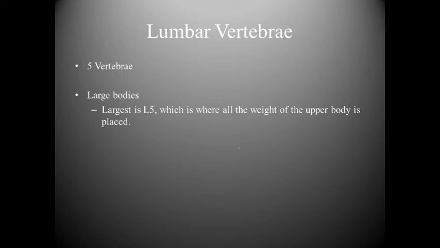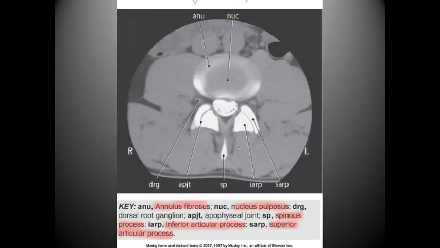So we're looking here, and we see that we have contrast inside of this area. We have the disc. Notice how when you're going through the disc space, you're seeing something that looks kind of like a double layer.